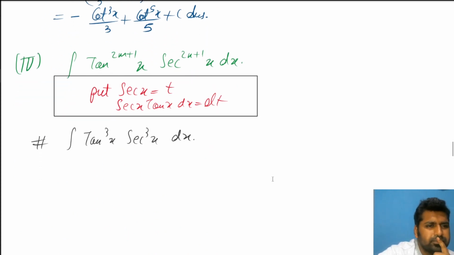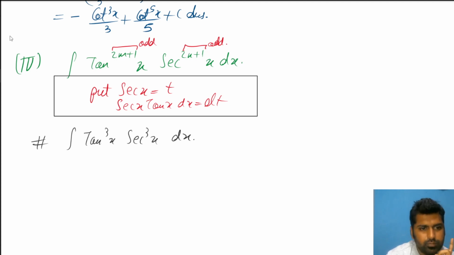Okay, next one, fourth form. Now this time you have tan and sec in product, but both of them have the odd power. If they have the odd power, what do you do? You're going to put sec x as t. That's the only thing you need to remember.